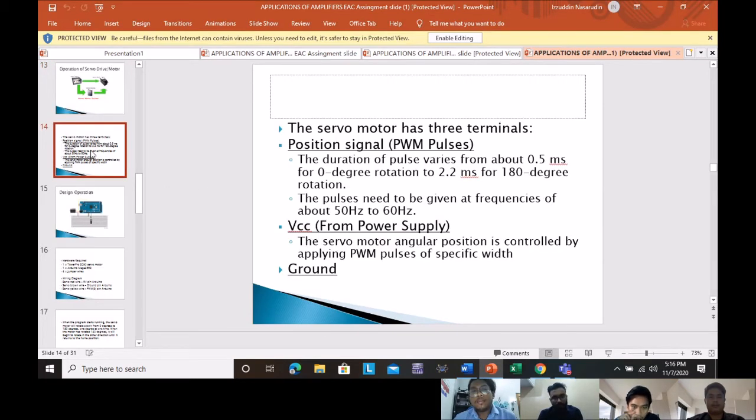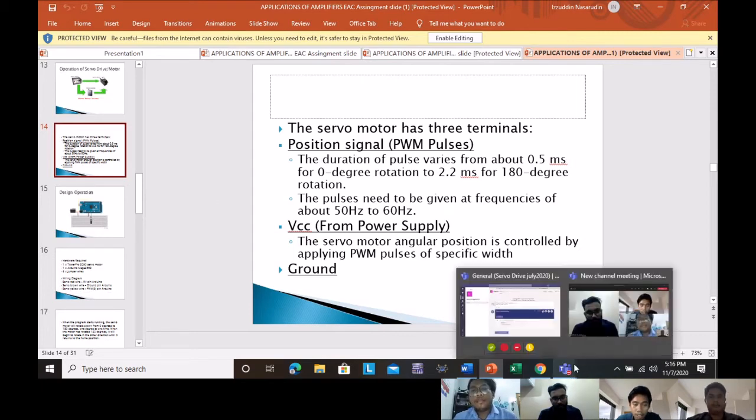The servo motor has 3 terminals. The first terminal is the position signal. The duration of the pulse varies from about 0.5 millisecond for 0 degree rotation to 2.2 millisecond for 180 degrees rotation.